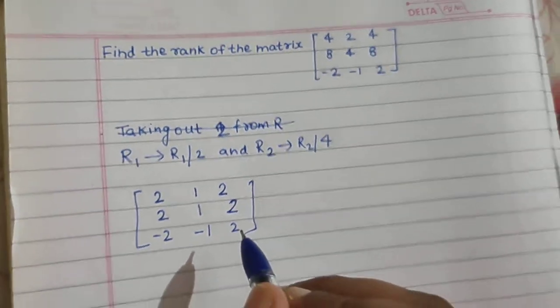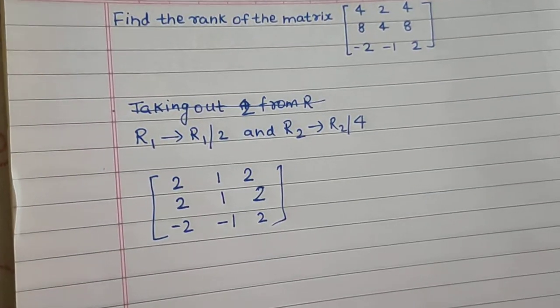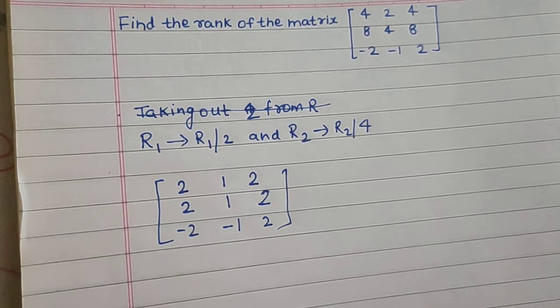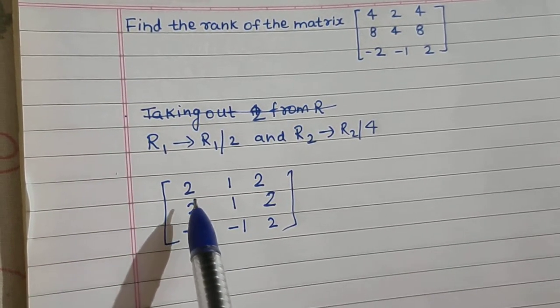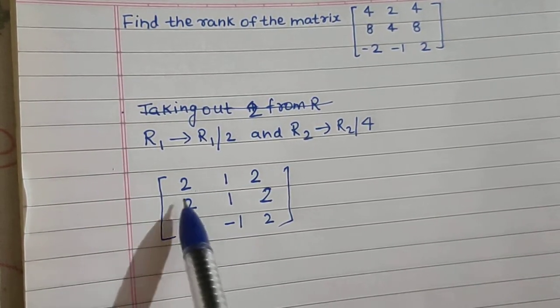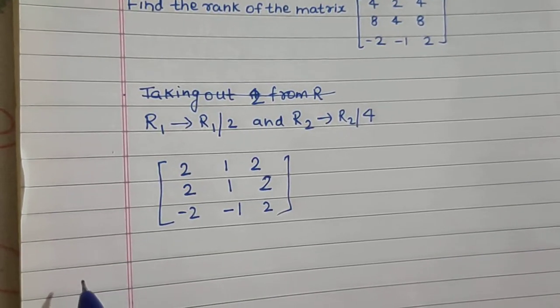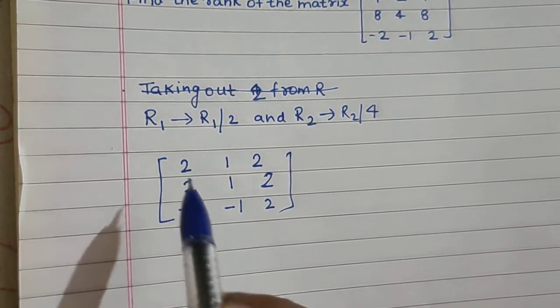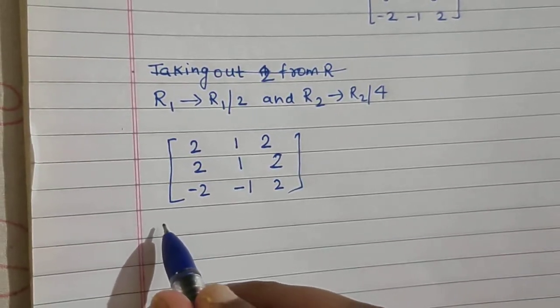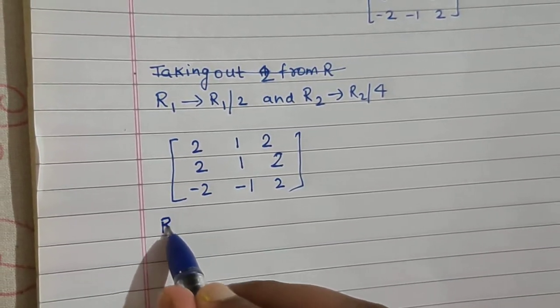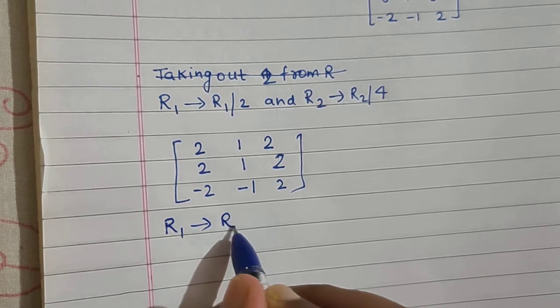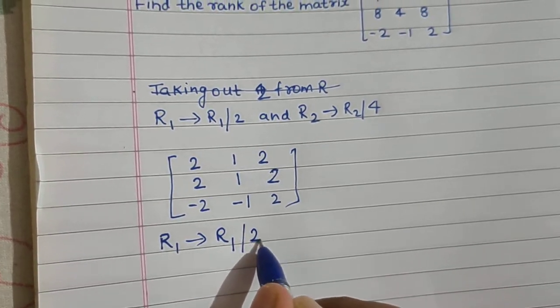Now what I will do is further make this one, because if I make this one, it will be easier to make the other two elements 0. So it is always preferable to make this one. For that, again I am writing R1 as R1 divided by 2.